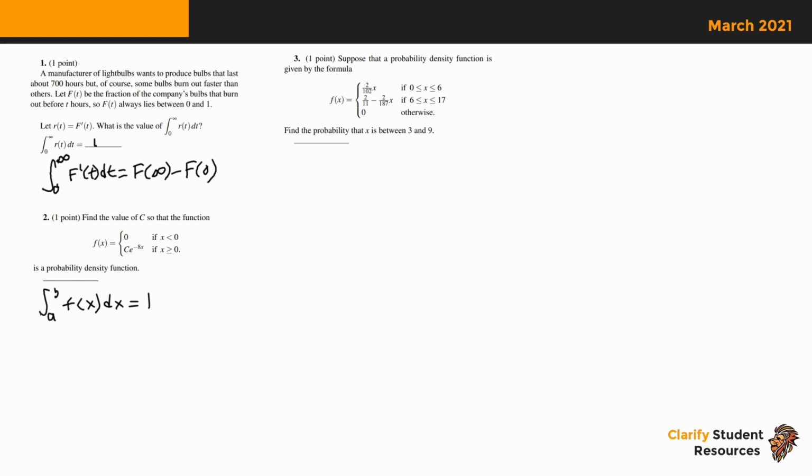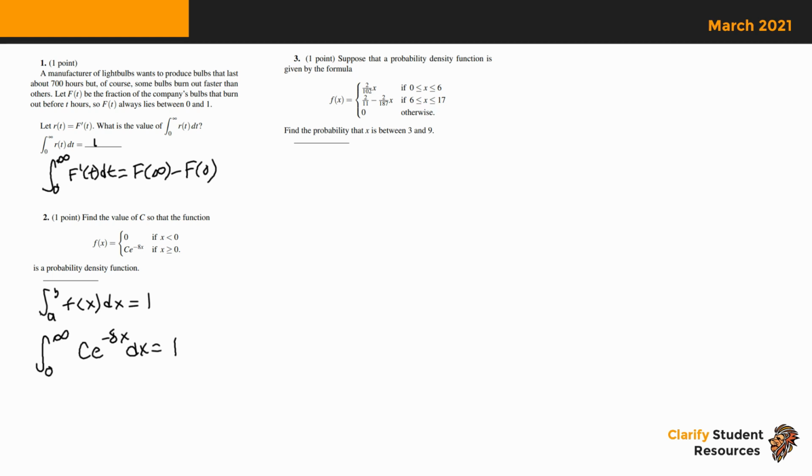Now that we see that the function is c e to the negative 8x when x is greater than 0, this tells us that the integral from 0 to infinity of c e to the power of negative 8x dx is basically going to equal 1, right?